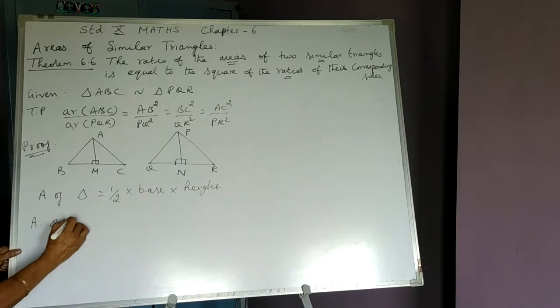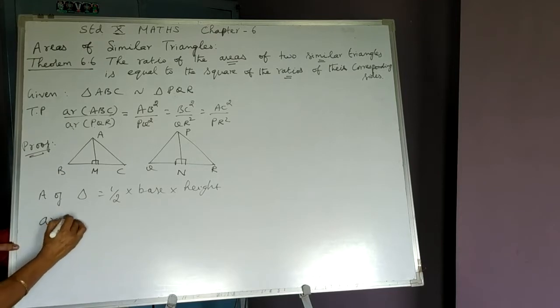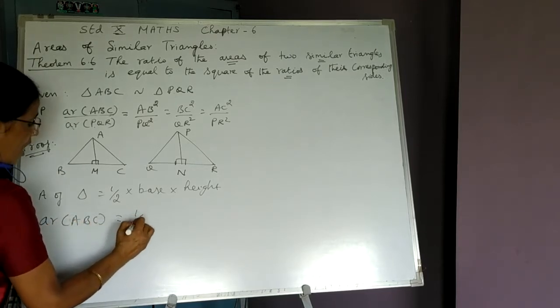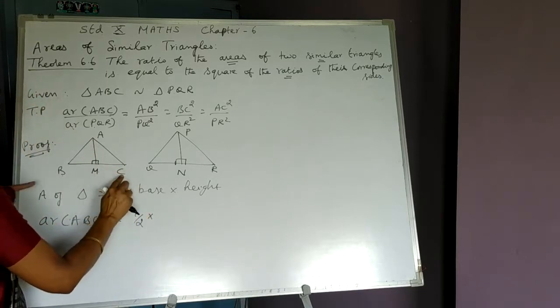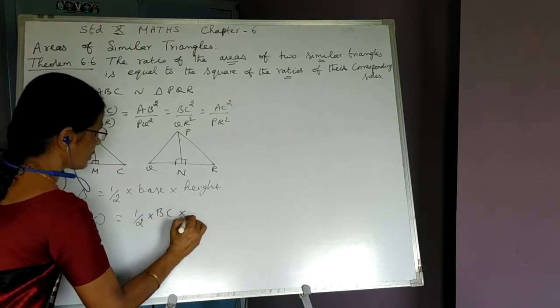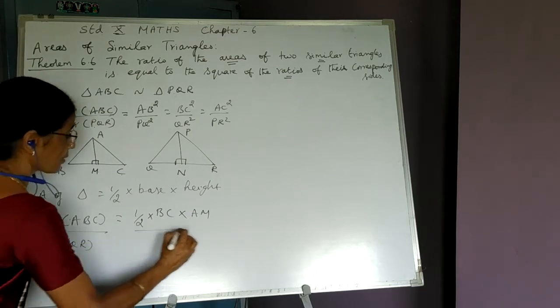So first I find the area of triangle ABC. It is half. This altitude stands on which side? BC. So BC is the base for the altitude AM. So half into BC into AM upon, I find the area of triangle PQR.